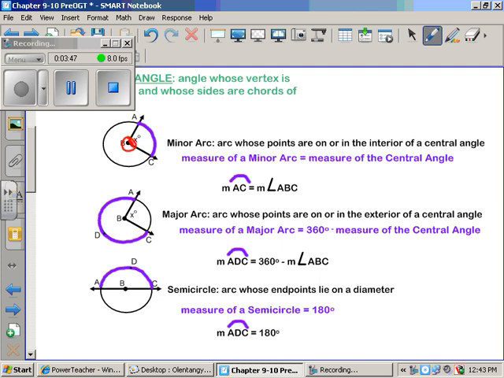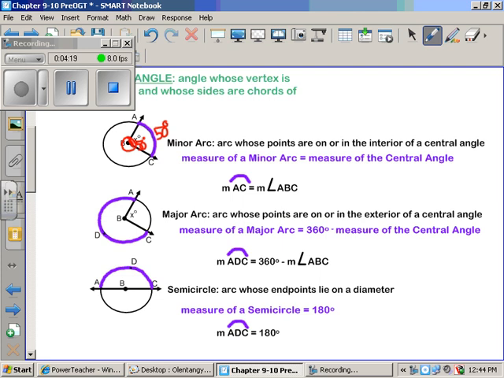The distance between 1 and 4 is going to be the same whether it's a big giant clock or a little tiny watch. And so this angle that represents the little piece here is the same as that measurement. So if this is 50 degrees, this arc is also going to be 50 degrees. And that's for central angles.